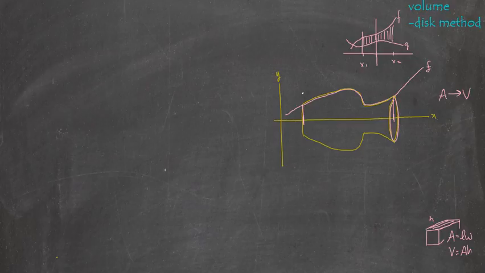So let's replicate the same process we used for area and see if we can move it into volume. Remember, when we were calculating the area of an odd curve, we first divided the interval from a to b into subintervals or subpartitions. So we would use delta x, right? The width of each interval is b minus a divided by however many subintervals we want. So in this case, let's say we want 1, 2, 3, 4, 5, 6 subintervals.